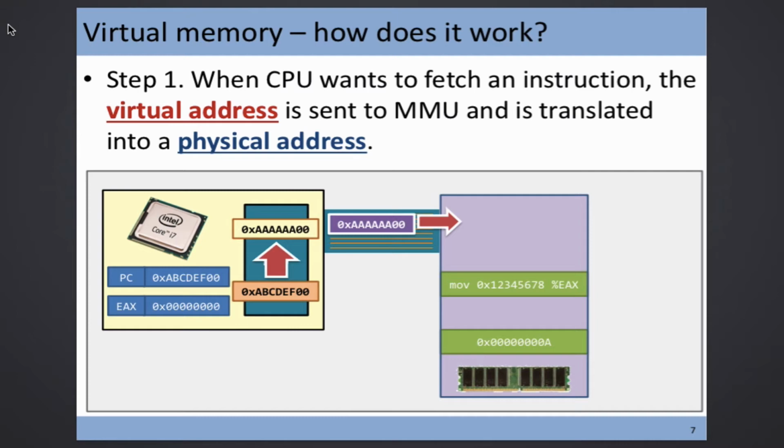Where is this address coming from? It's coming from the program. The program says that I need this, but the memory management unit thinks that it's not. I will do a translation, translate into another address. This address before translation, we call it virtual address. After I translate it, we call it physical address.